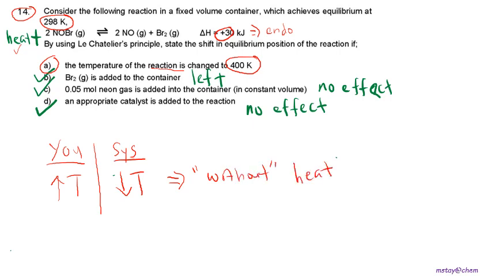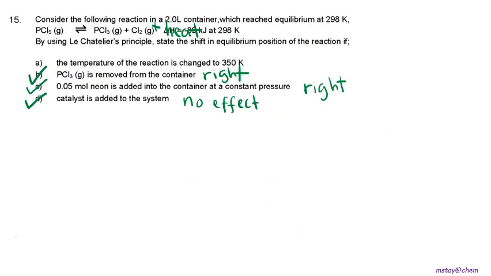So we have to refer to the chemical equation over here. The right hand side has no heat, so that's why the equilibrium system shifts to the right. Okay, question 15a, just now identified that the heat is a product. So this time we try to check again.